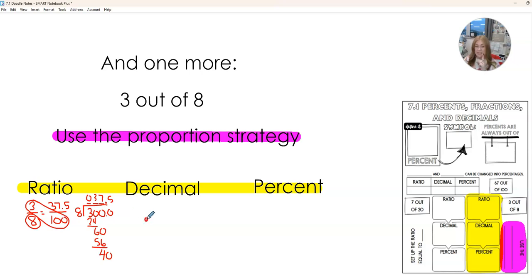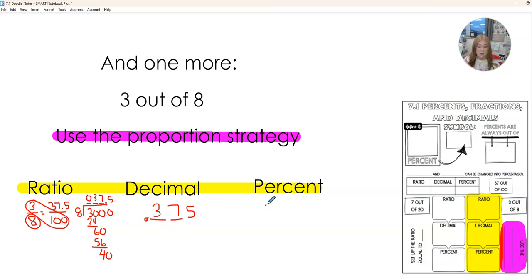Now, this is 37 out of 100, so when I come to my decimal, I've got 37 hundredths, and there's another half over here, so this is 375 thousandths. Really, we're just moving the decimal forward 2 places, 2 zeros for 100. And then when I do the percent, I just go right back.